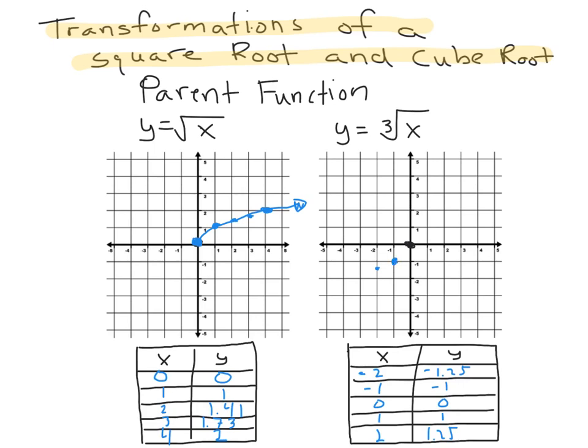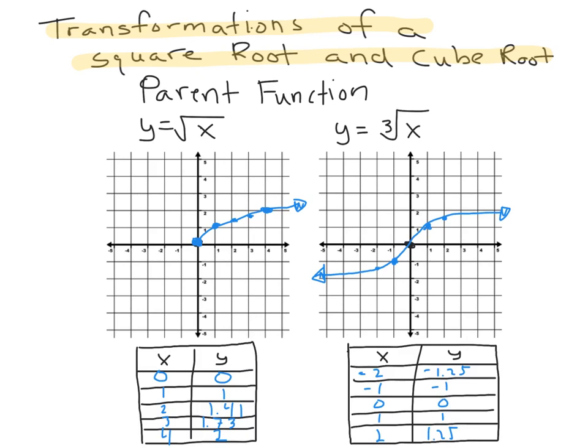And then the cube root of 0 is 0. The cube root of 1 is 1. And you'll notice it repeats itself. And then the cube root of 2 is going to be 1.25. And so what you'll notice is the shape it kind of retains is this little S-looking shape right there.